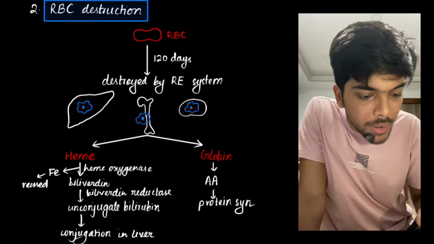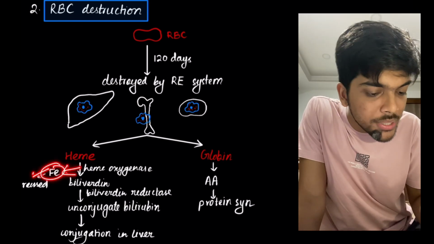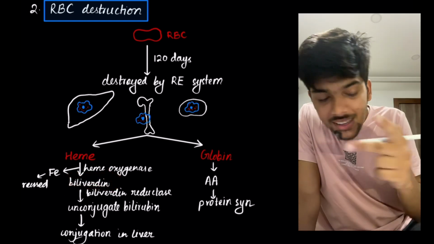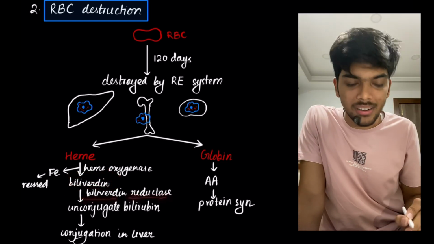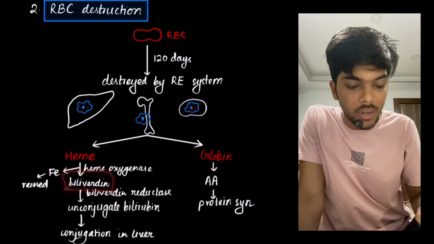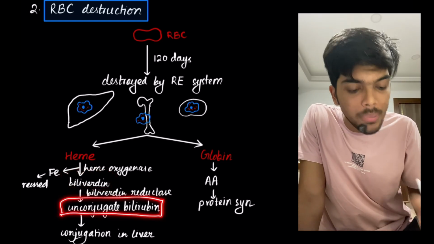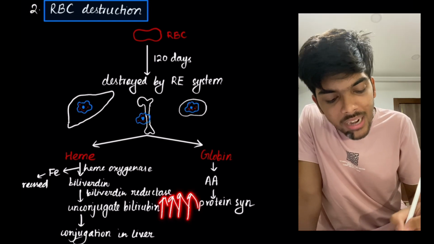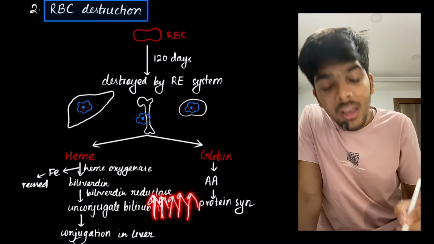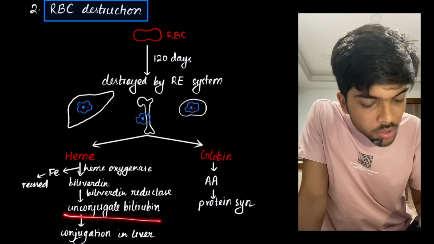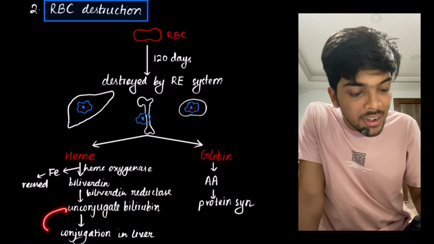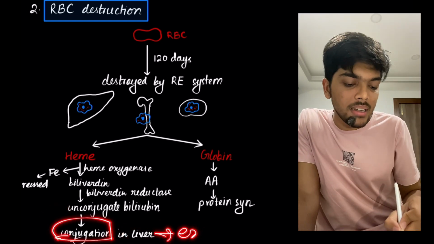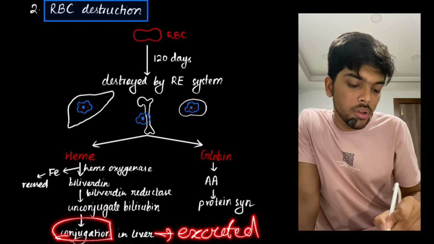Heme oxygenase breaks heme into iron, which is reused, and biliverdin. Then there is second enzyme called biliverdin reductase, which reduces biliverdin into unconjugated bilirubin. Due to the high deposition of unconjugated bilirubin, jaundice may occur. This unconjugated bilirubin is then taken up by the liver where conjugation takes place, and finally it is excreted out.